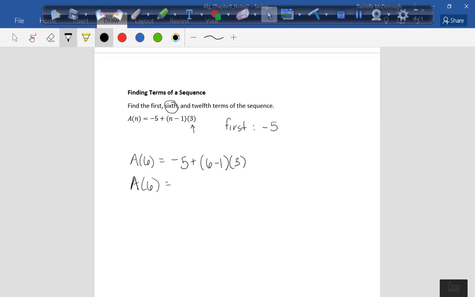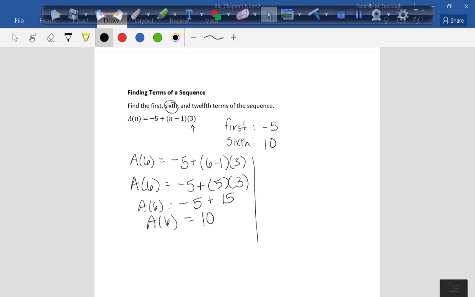It's the function of 6. It's -5 plus, we need to do what's in parentheses first. 6 minus 1 is 5 times 3. From here we're going to multiply, so then it ends up being -5 plus 15. And so then if I add those together, it's going to be 10. So that tells me that the 6th term is a positive 10.